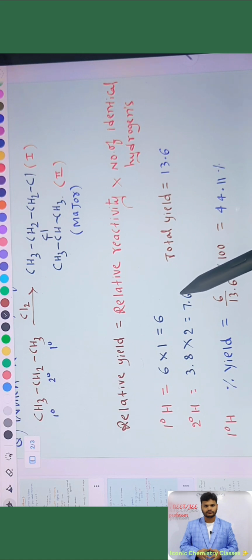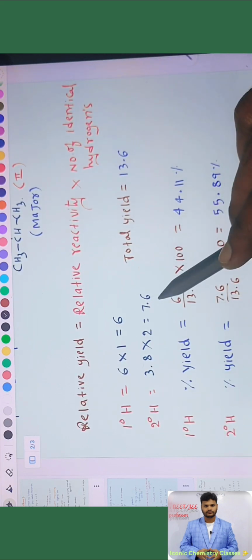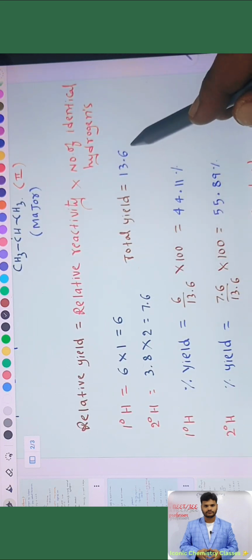If they ask for percentage, then only you use the percentage of yield formula. Primary hydrogens relative yield 6, secondary hydrogens 7.6. So definitely here 2 degree is the major product. Total yield is 6 plus 7.6, 13.6.